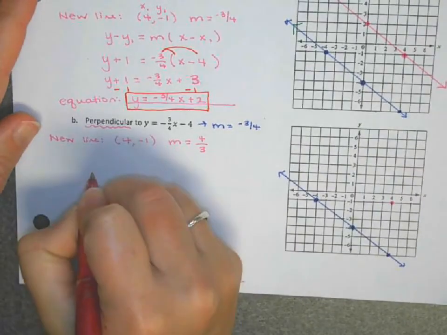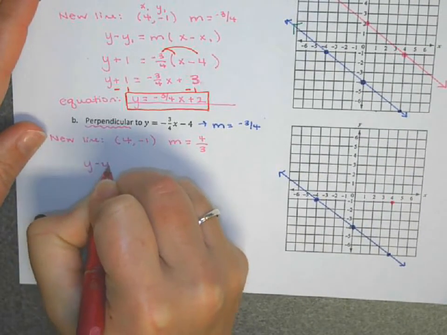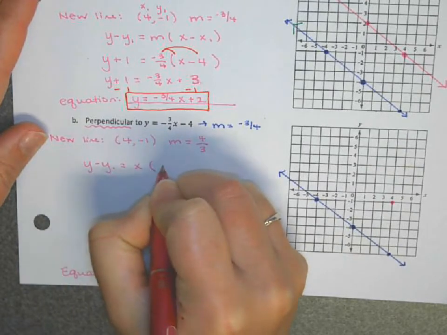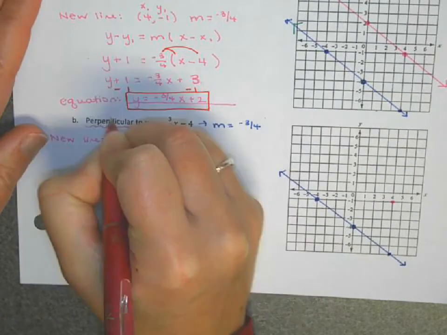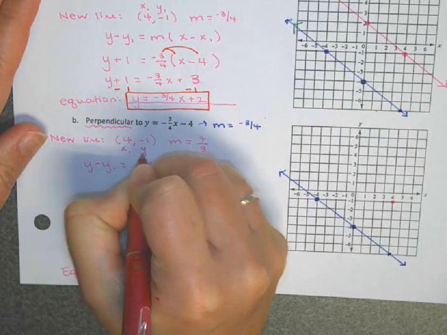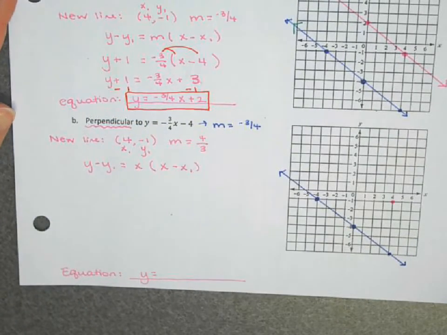So I have y minus y1 equals m times the quantity of x minus x1. Here's my x1. Here's my y1. And I already labeled my m. Go ahead and write this in point-slope form.